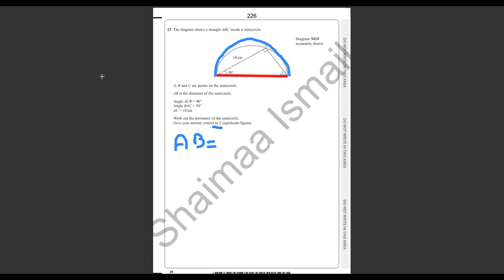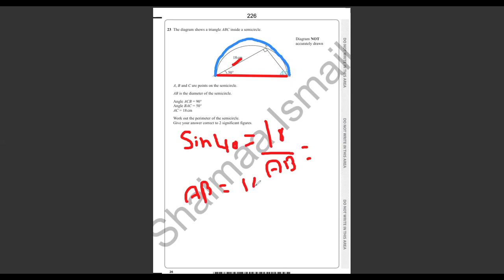Let's write the rule first. The rule says that the sine of 40, sine will be the opposite, which is the 18, will be equal to the 18 divided by the AB, the hypotenuse AB. Okay, so if you want AB, it will be equal to 18 divided by sine 40.